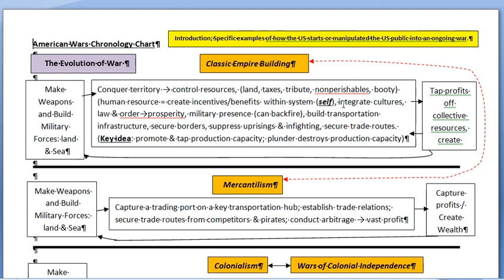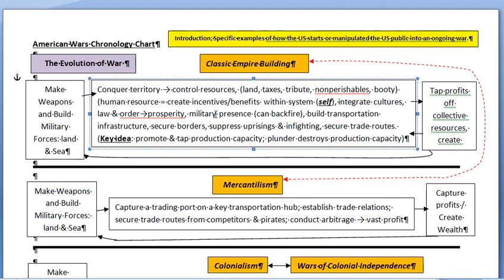Other things you want to do is integrate cultures. It's often been done in great empires. You want to establish law and order, not to control things for yourself, but to create conditions of prosperity, that there's safety, that people can be productive and without fear of criminality.